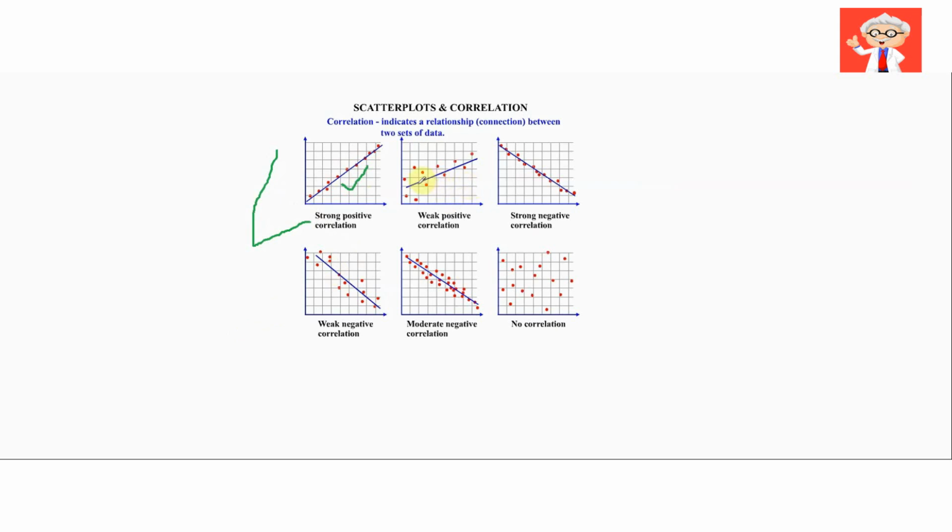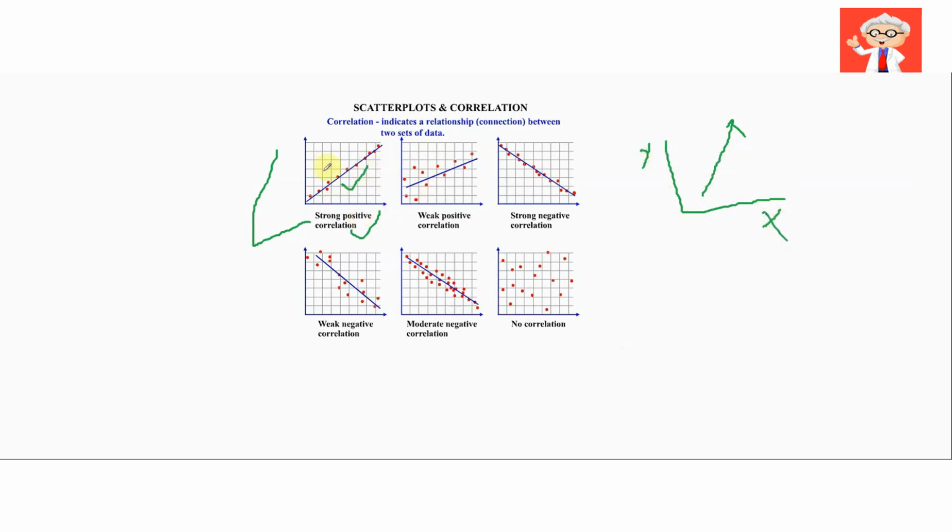And there is also another upward sloping straight line, but this line is not like the strong positive correlation line, and the data are a little bit scattered around this straight line, so this is a weak positive correlation. If lines are upward sloping, then this shows a positive correlation between, say, the y variable and the x variable.